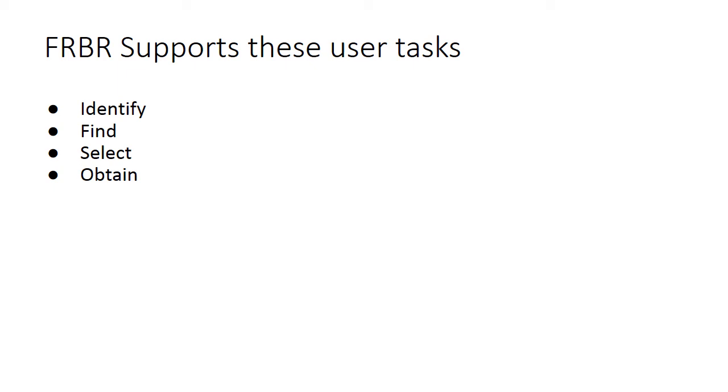FRBR supports a number of user tasks: identifying that a resource exists, finding out where it is, selecting it, and ultimately obtaining it in some way, either as an electronic resource or as a physical item.